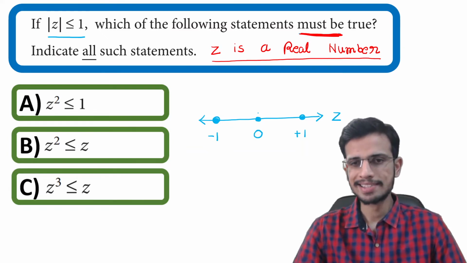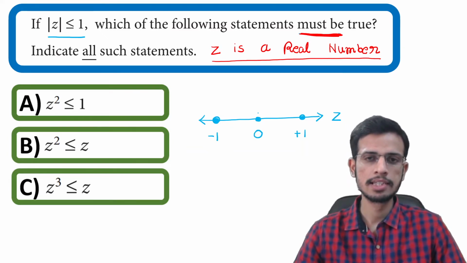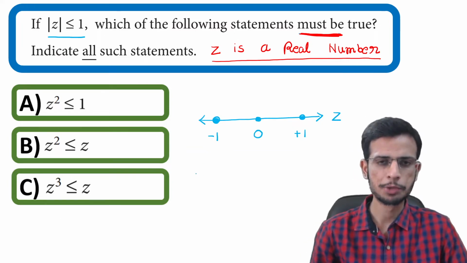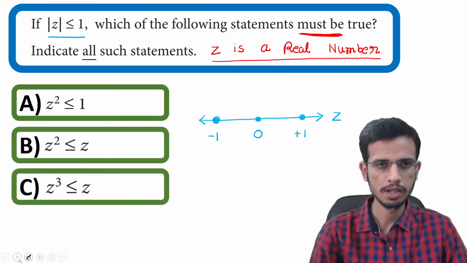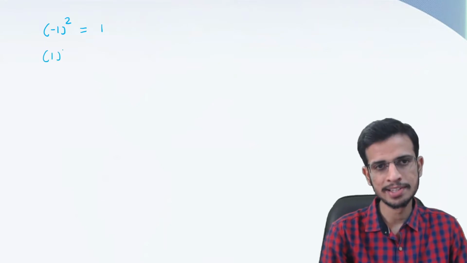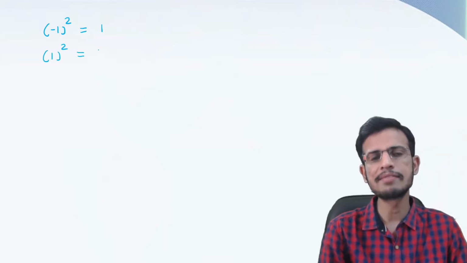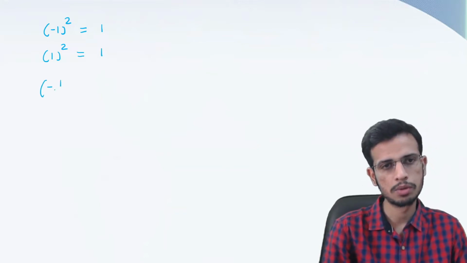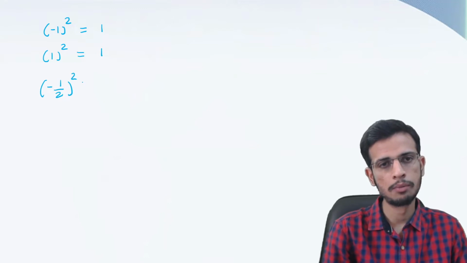So in all the cases, if you are finding z square, you can take the square of -1, that is equal to 1, the square of +1 is also equal to 1. If you are taking the square of any value between -1 and +1, like -1 by 2, the square will become 1 by 4.